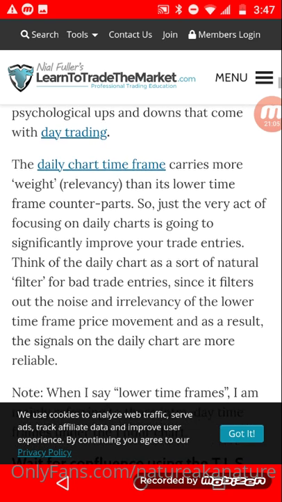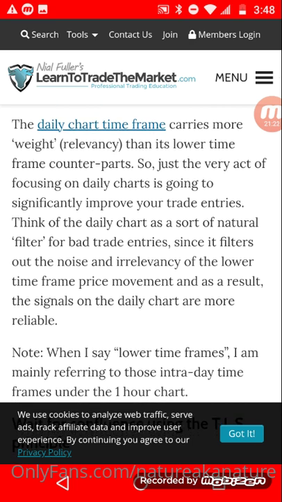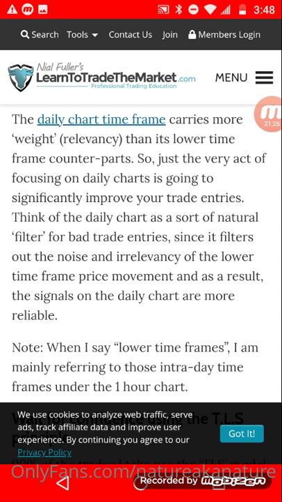Looking at the daily, the 4-hour, and the 1-hour. Think of the daily chart as a sort of natural filter for bad trade entries. Since it's a filter, it filters out the noise. Looking only at the 15 and the 5 minute defeats the purpose, because usually, if you want to know what's going on in the trade, you want to look at the 4-hour and the daily and the weekly.